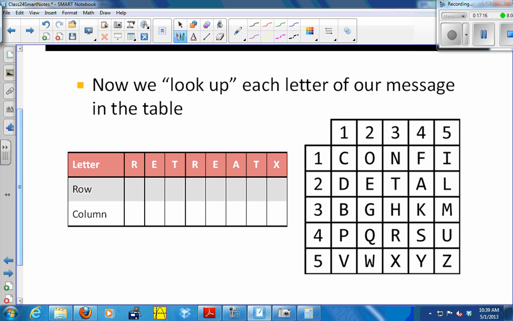All right, so now each letter has an address in the Polybius square, a row and a column. So we look up the letter and write down its row and its column. R is in row 4, column 3. So here's my R. It's in row 4. These are my rows. These are my columns.